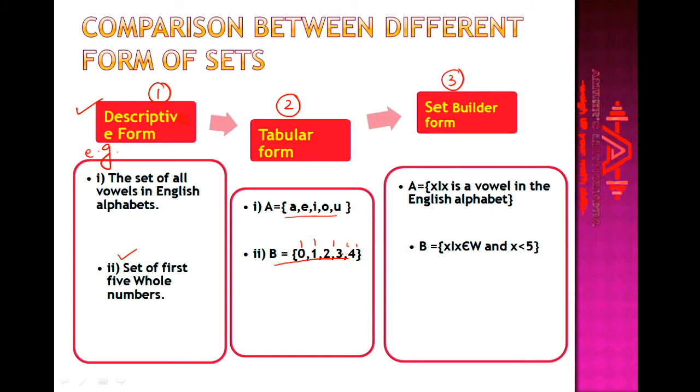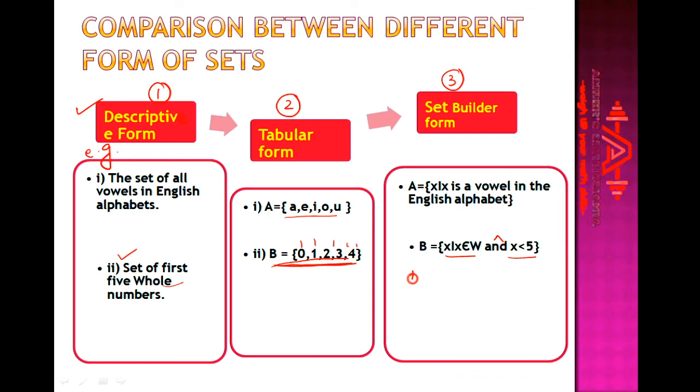First 5 whole numbers we have written, and in the set builder form there are 2 parts: one is the belonging part and the other one is the range part. So x, where x belongs to whole numbers, because these all are whole numbers, and x is less than 5. You can see that all these whole numbers are less than 5.